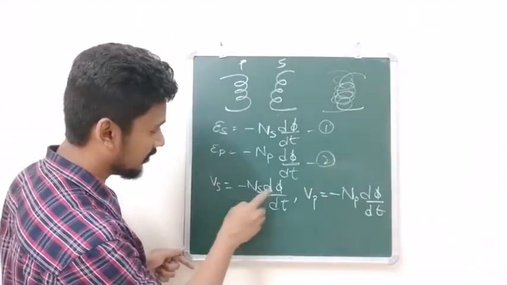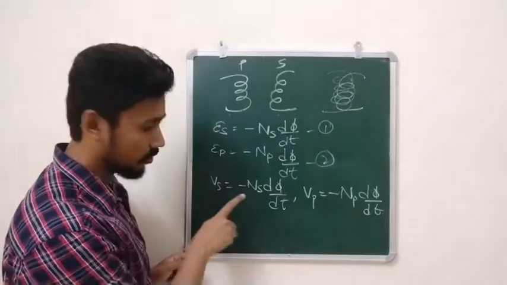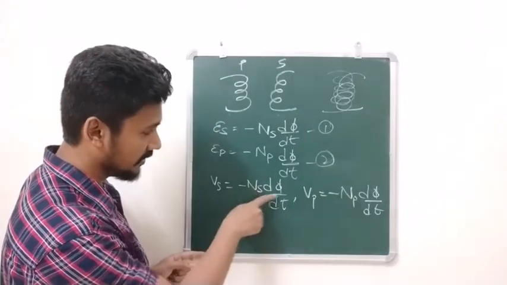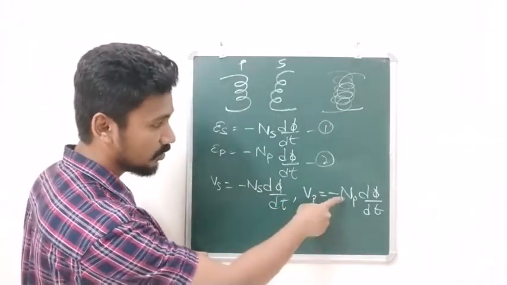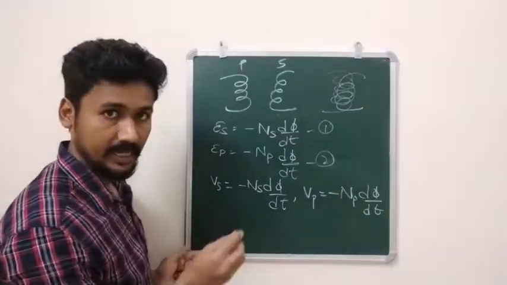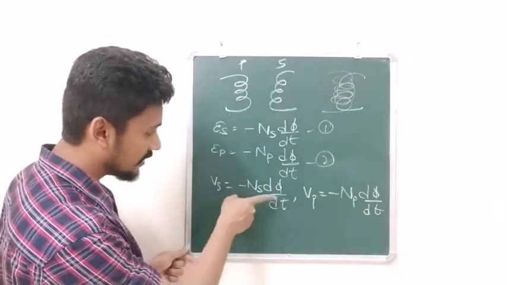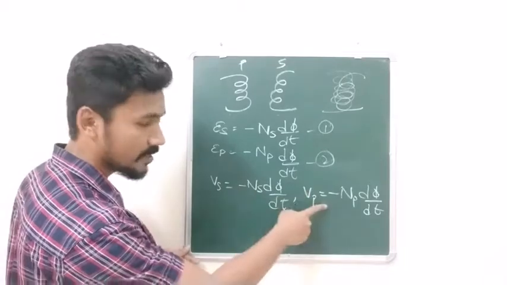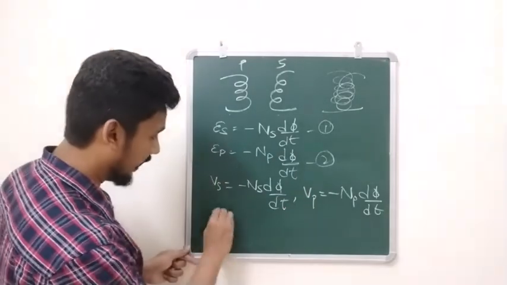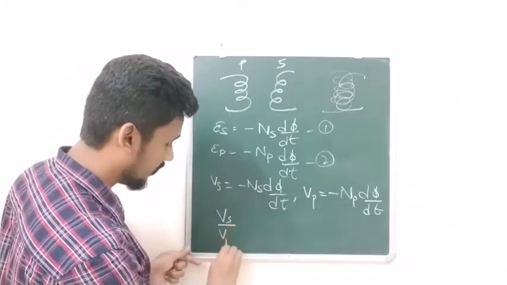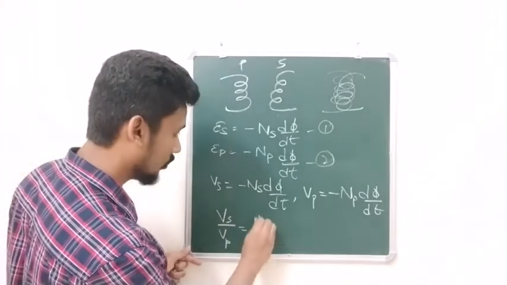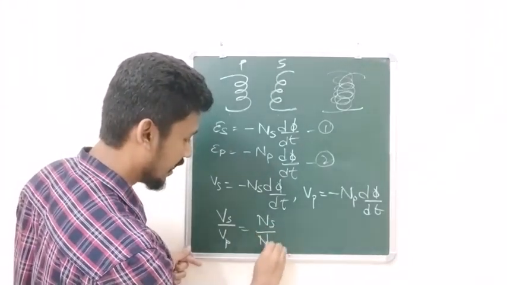So we get equation number 3 and equation number 4. So we get VS is equal to minus NS d phi by dt, VP is equal to minus NP d phi by dt. And if you divide equation 3 by equation number 4, you will get VS by VP is equal to NS by NP.